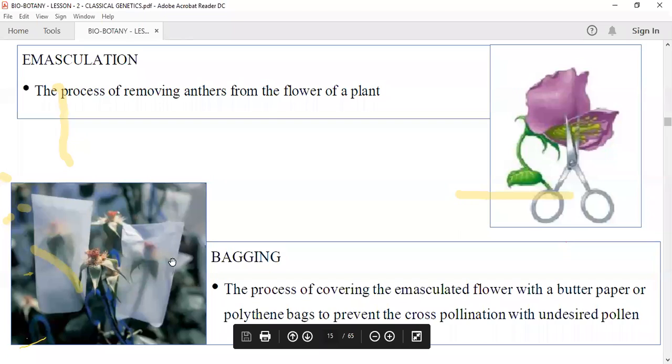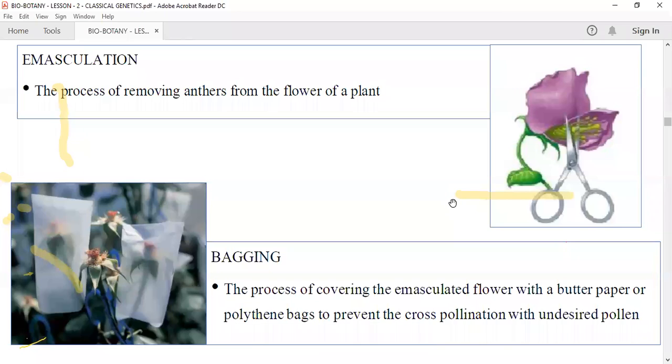Why are we bagging the plant? Once we remove the anthers, next we have to insert the desired anthers' pollen onto the stigma. Then only can we get the result we expect. Otherwise, unwanted pollen may be shed on the stigma. To avoid that, immediately after emasculation we have to bag the plant.